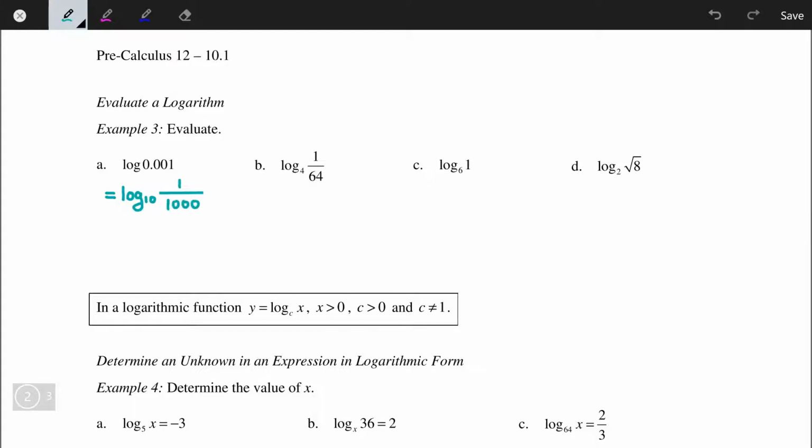So in other words, we're asking 10 to the power of what number is equal to 1 over 1,000. So we know that first of all, it should be negative, and then because it's 1 over 1,000, and 10 to the third power is 1,000, altogether we have negative 3.